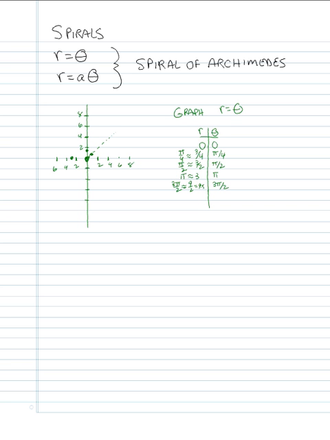So here's 2, here's 4, and 4.5 would be about here. Now, when theta is 2 pi, then r is also 2 pi, and that's about 6.28. It's a little more than 6. And so now we're at about this position.